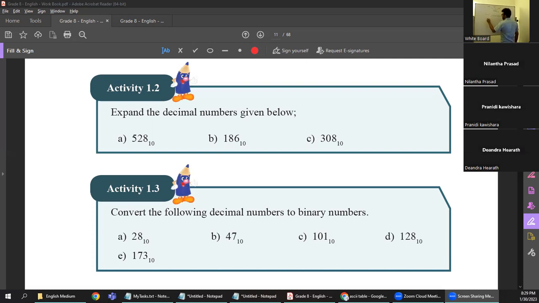That means this is 100 plus 80 plus 6 altogether. That means 186. So it's all not about IT, it's all about mathematics. So just do it. Nothing about ICT there.